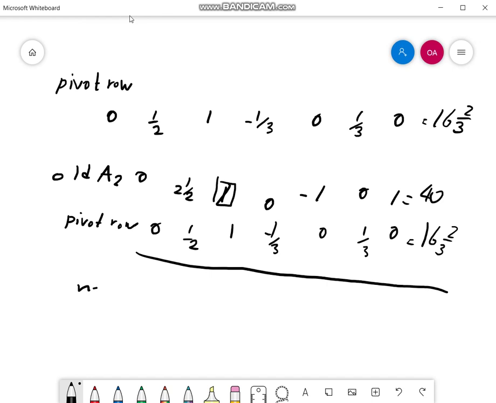So this is my new A2, which is 0, 2, 0, 1 over 3, and half, minus 1 over 3, 1 is equal to 23 and 1 over 3.